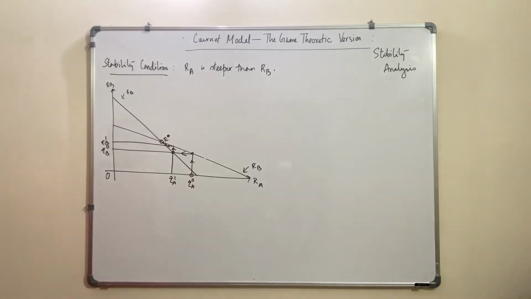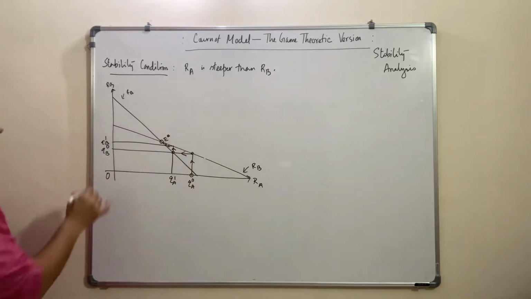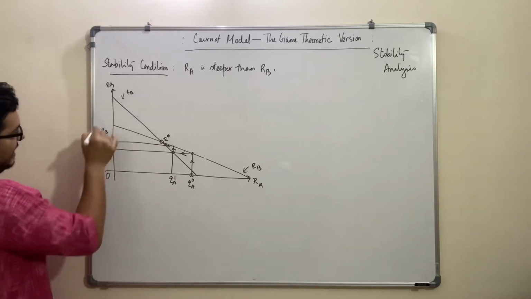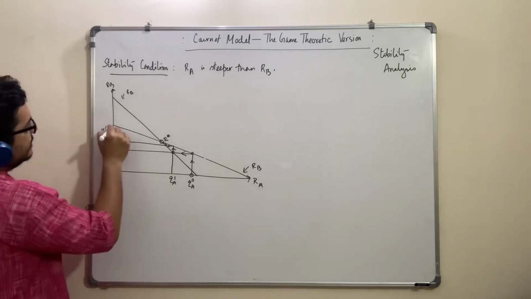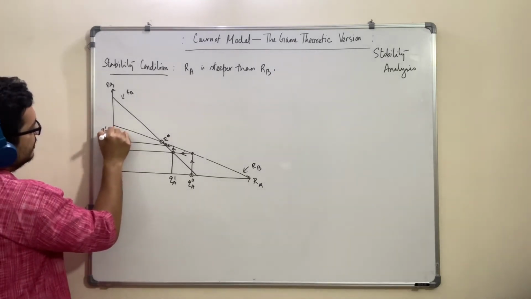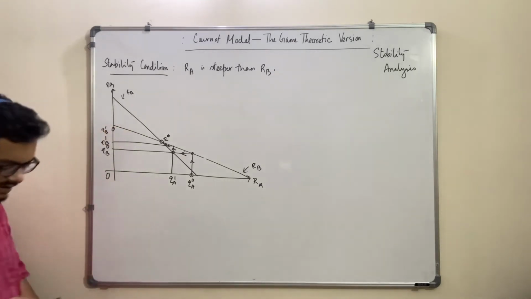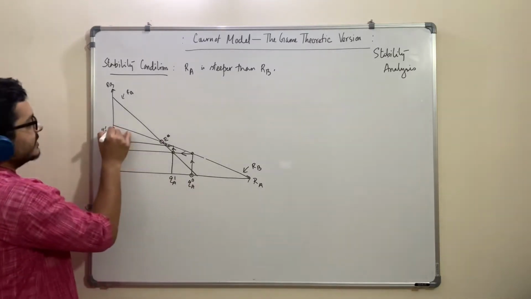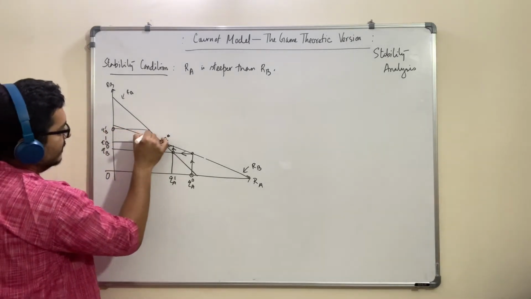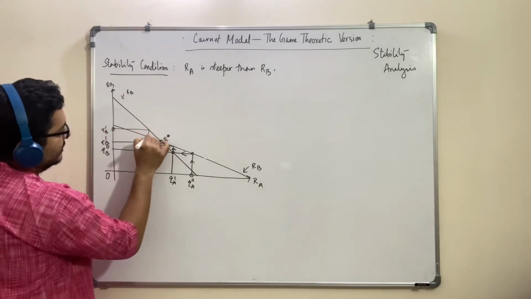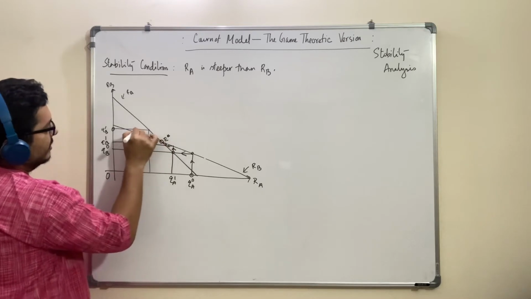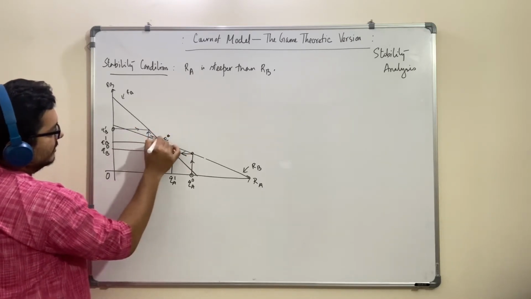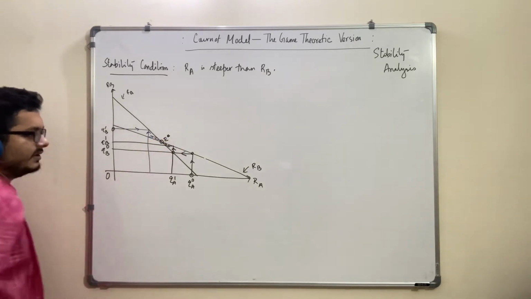If we start with some QB dash, then also you can find the same thing. If I start from here, then the reaction of A, then the reaction of B, then A, it will go like this, first right, then down, then right, then down, and it will eventually reach our favorite E star.